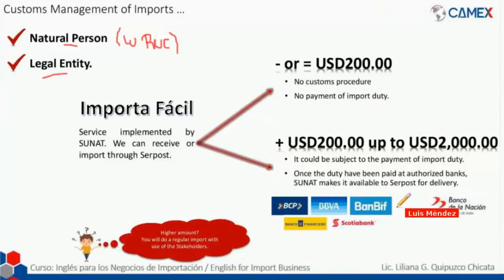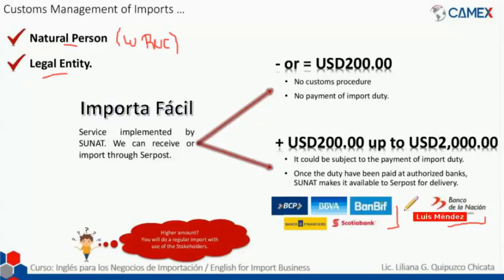So these are the banks where we can pay our import duties. We have the BCP, the Interbank, the BANBIF, the Scotiabank, and the Banco Financiero. Also, we can pay at Banco de la Nación. But for Banco de la Nación, we have to print the paper with the import duties.